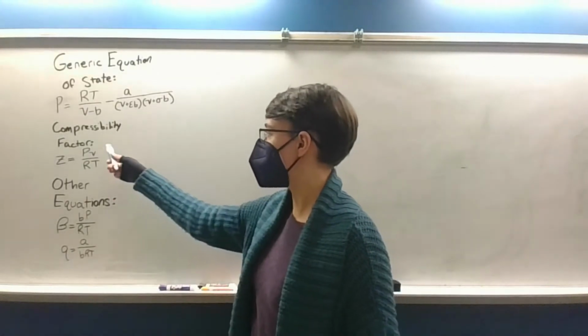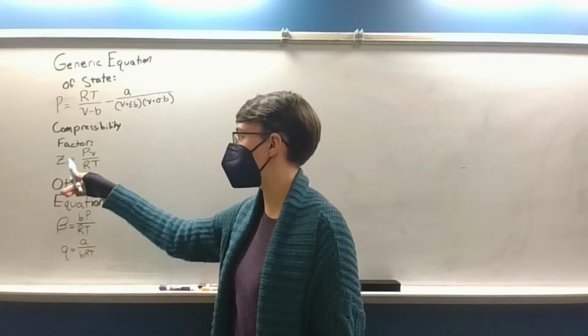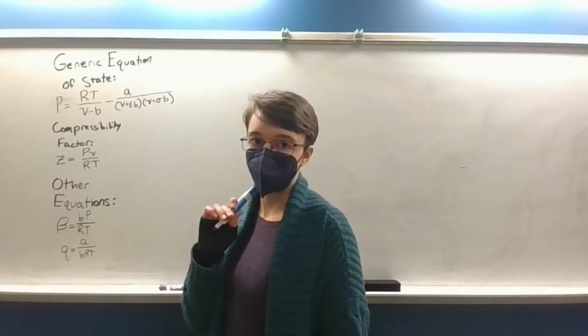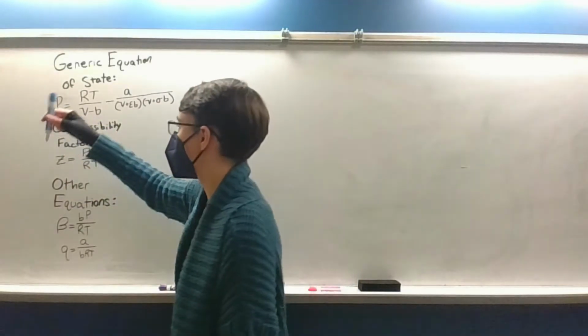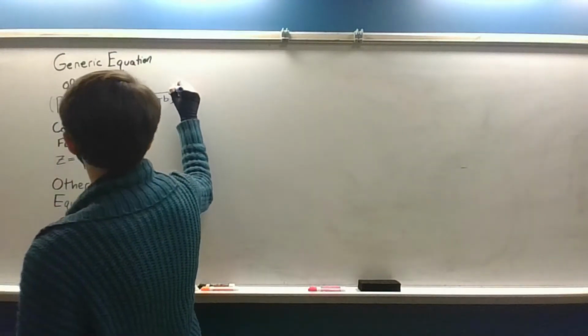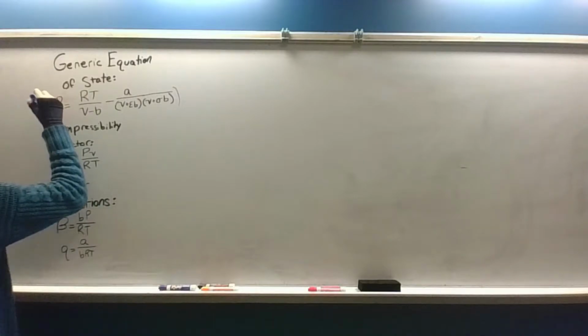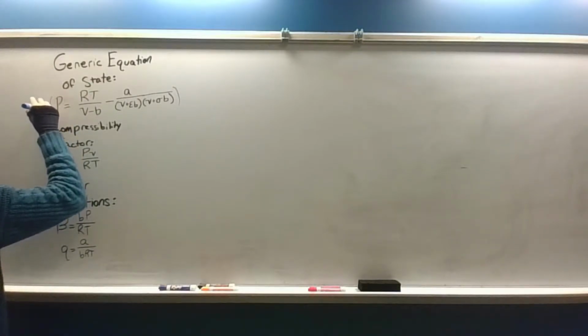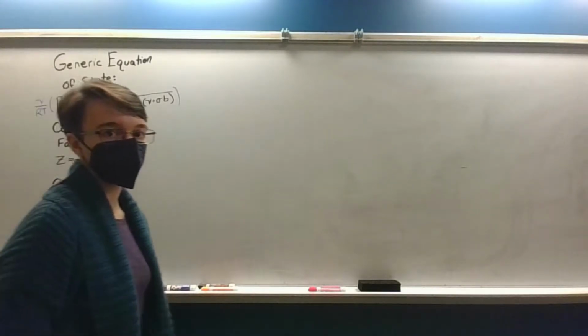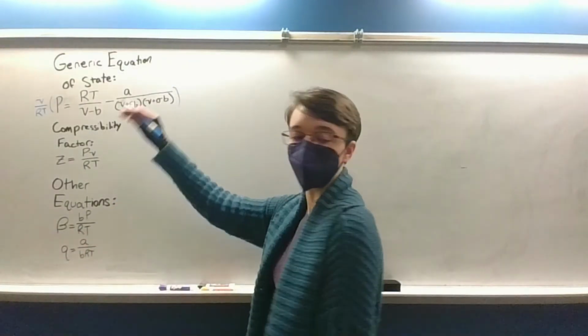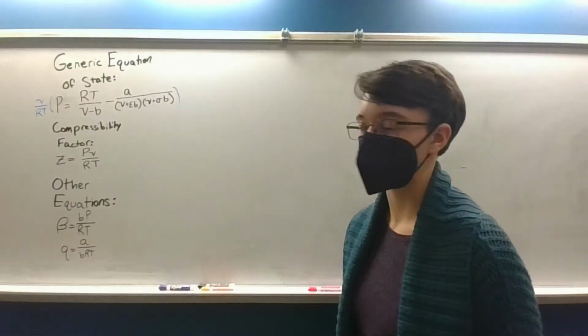Compressibility factor is pressure times volume over gas constant times temperature. We've got a pressure up here, so let's multiply this whole thing by specific volume over gas constant times temperature, because that will give us a z on the left-hand side, which will be helpful.